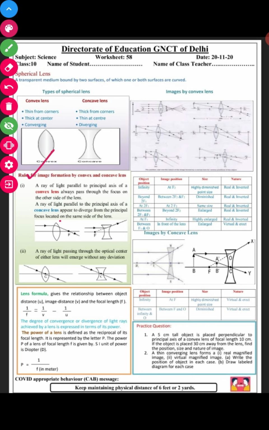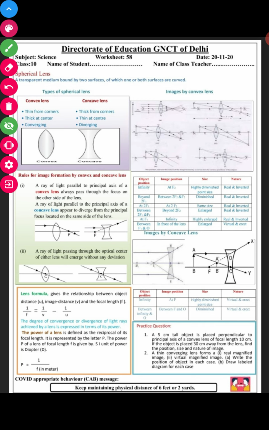These are the rules of image formation by the concave or convex lens. First, when a ray is passing parallel to the principal axis, it bends towards the focus on the other side. The same is the case with the concave lens also. See, this ray of light bends and appears to come from the focus.